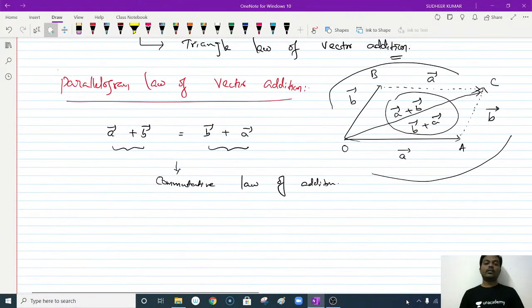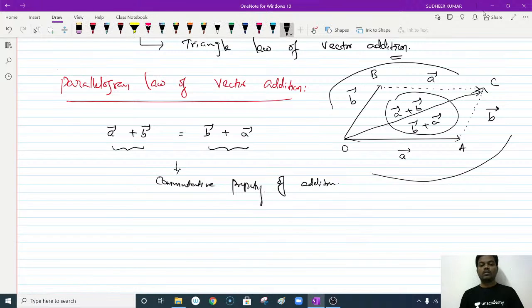We can prove that the associative property will also be satisfied. Suppose vector A plus vector B plus vector C equals vector A plus the sum of vector B plus vector C, right?